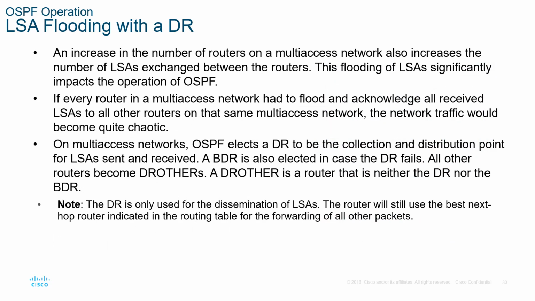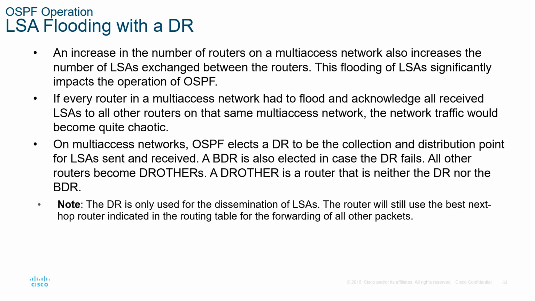LSA flooding with a DR: increasing the number of routers on a multi-access network also increases the number of LSA exchanges between the routers, so the flooding also increases. If every router in a multi-access network had to flood with acknowledgements, you would start seeing a flood of those updates, and that uses bandwidth and would just create issues.